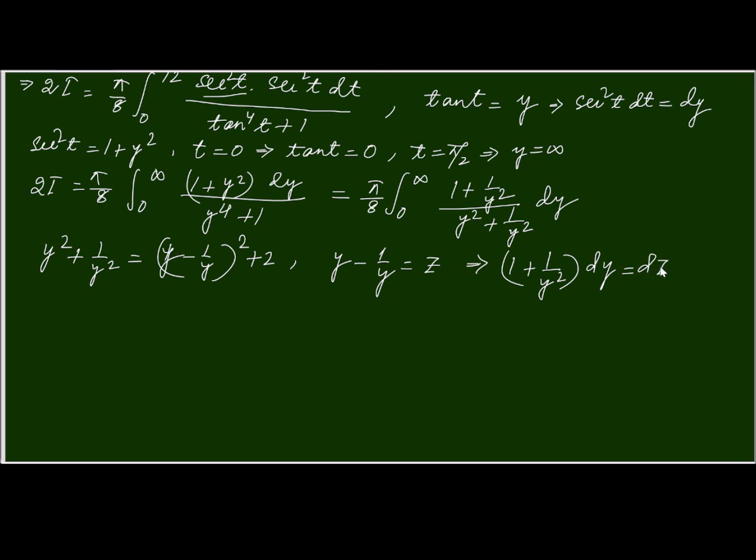But before that I have to change the limit. Here y was 0, so z equals 0 minus 1 over 0 equals negative infinity, and when y is infinity, z equals infinity minus 0, that will be positive infinity.